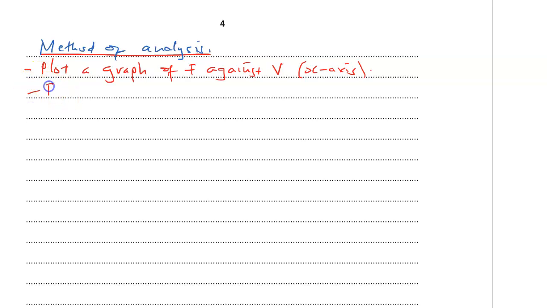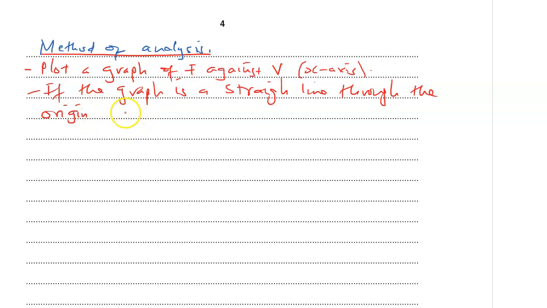If the graph is a straight line through the origin, then the relationship, F is equal to αQ over R squared, is valid; otherwise it is not.